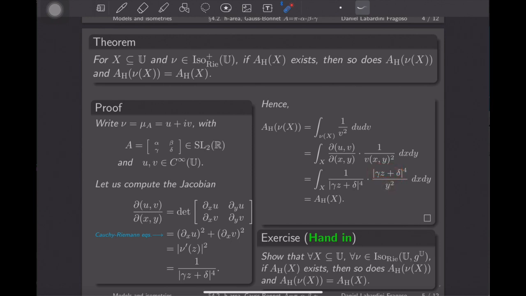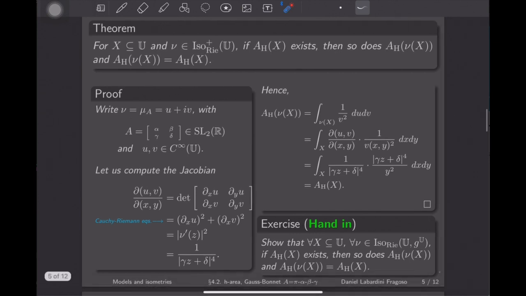And now you see here in the denominator and here in the numerator, because this is in the denominator, right? And then square, well, square and fourth. And then I realize that there's this cancellation, and after the cancellation, what I obtain is precisely the integral that defines the area of X. And I am done.